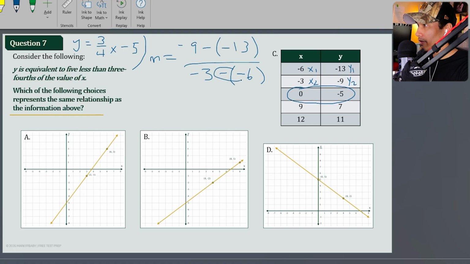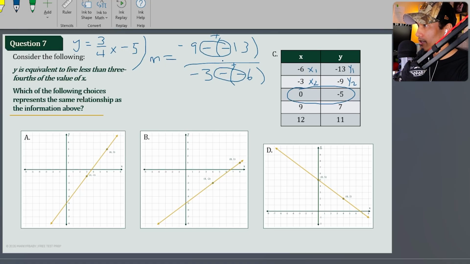And remember, these are plus. So now I have -9 plus 13, m equals 4 over -3 plus 6, and that equals 3. And this is our change. M equals 4 over 3. Does that match 3 over 4? No, it does not. So C is incorrect.